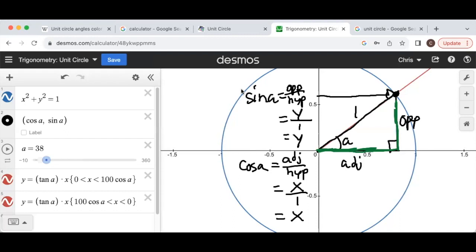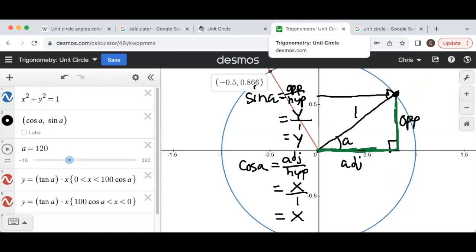We can talk about angles that we would never find in a right triangle. So we can go to 120 degrees, and we can find the sine and cosine of this now, thanks to our new definition.